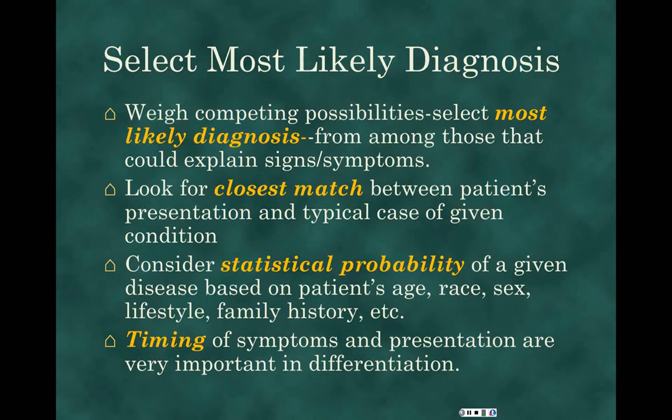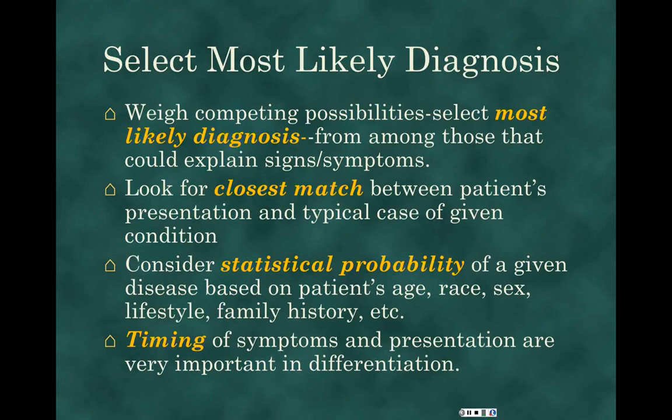So you have to know what a typical presentation is in order to help you come up with this closest match and to come up with the most likely diagnosis. We're also going to consider statistical probability. You're going to look at the patient's age, race, sex, lifestyle, family history, etc. to help you in terms of probability of certain conditions.